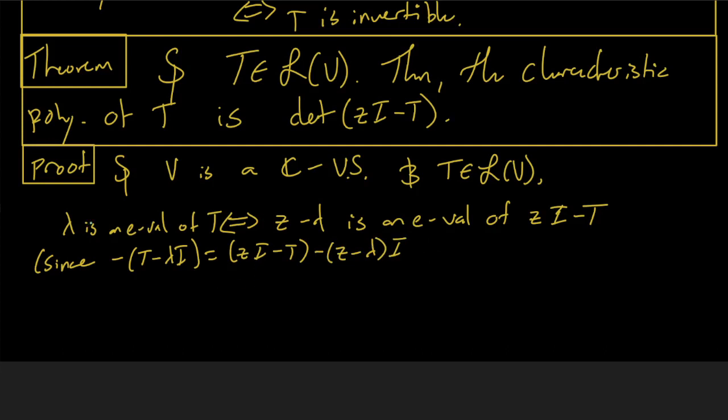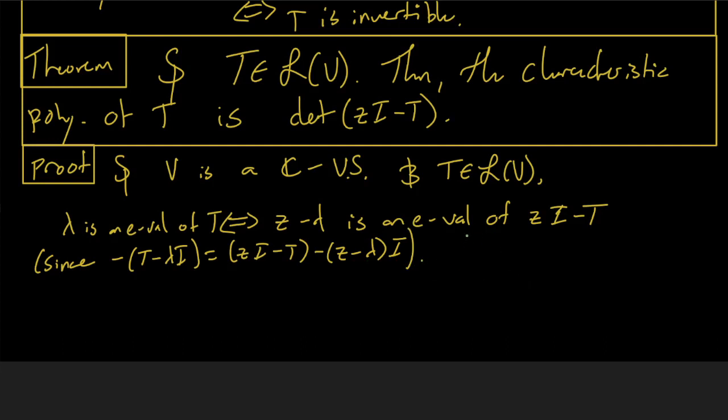So if lambda is an eigenvalue of T, then T minus lambda I is an operator that zeroes out anything that lives in the eigenspace corresponding to lambda, right? Okay, so all we have to do is write that operator as something nice like this. Hopefully everyone's cool with this piece right here. I've just got a z minus lambda piece right there, yeah? Everyone good with this? If not, think about it for a second, and I think you'll see why this is true.